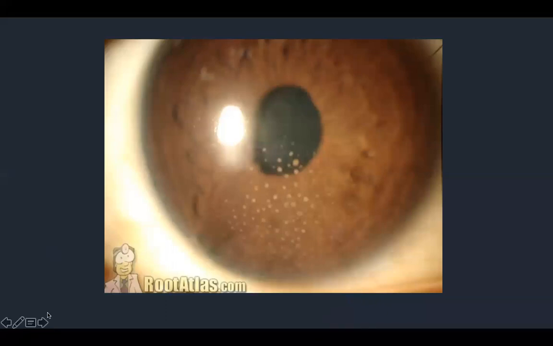Excellent. So what's the mechanism of high IOP in these cases? This is the first presentation as a uveitis. It's usually trabeculitis, or it has multiple mechanisms actually. The uveitic glaucoma can be secondary to a couple of mechanisms. It might be due to inflammation of the trabecular meshwork in cases of open angle.